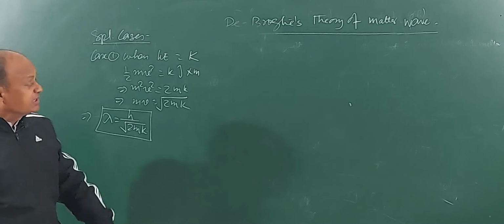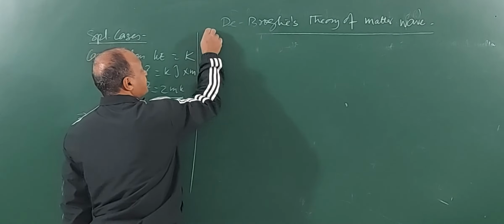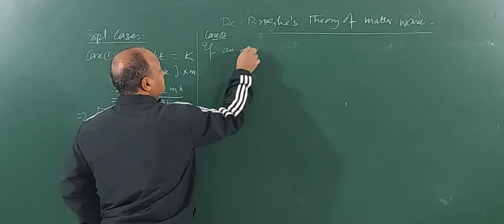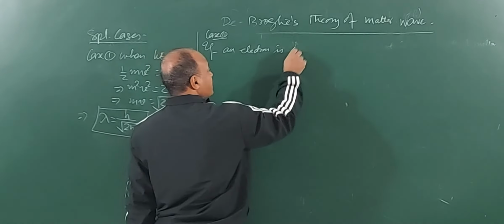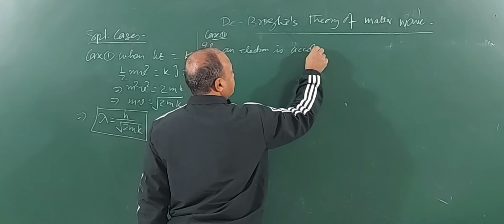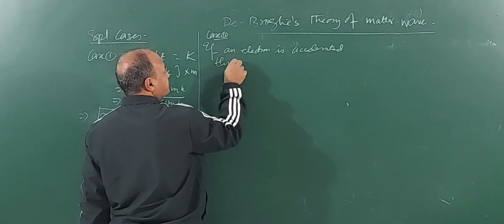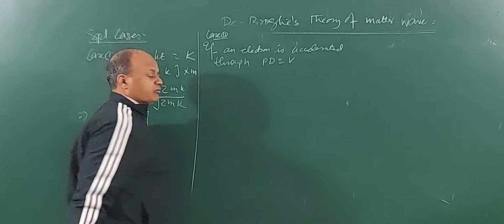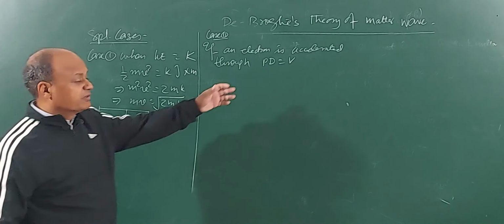Now, a very special equation, case 2, an electron is accelerated through potential difference V. When an electron is accelerated through potential difference V, of course, V will be given in volts.